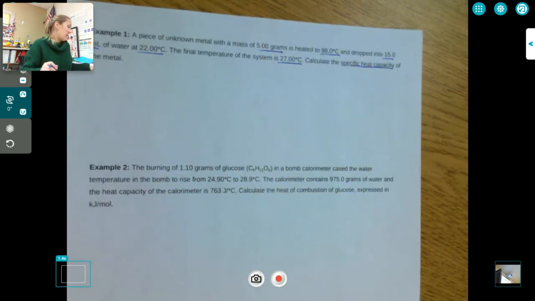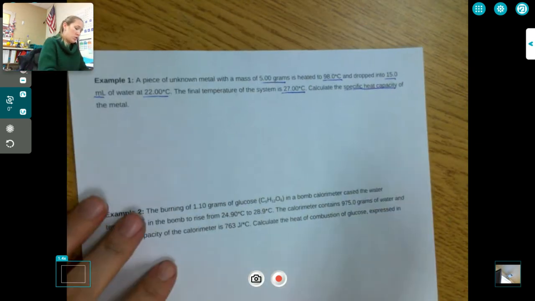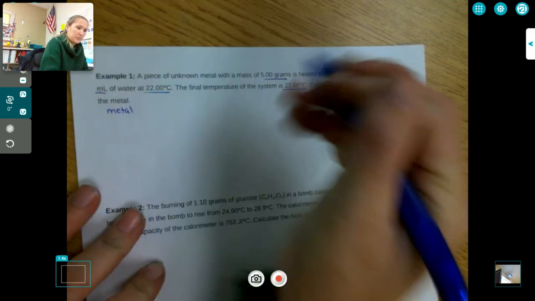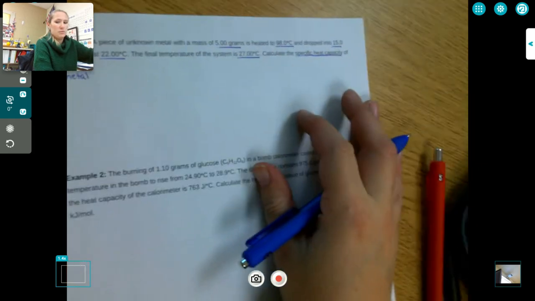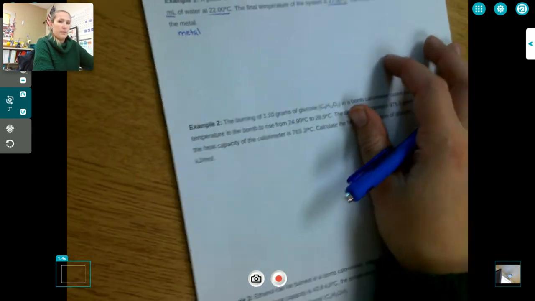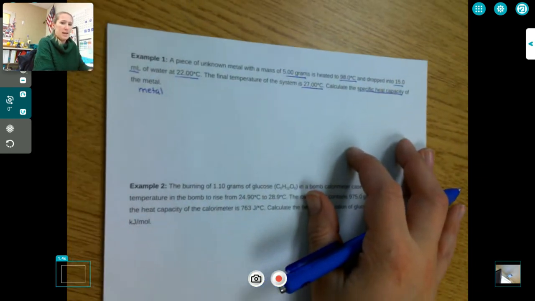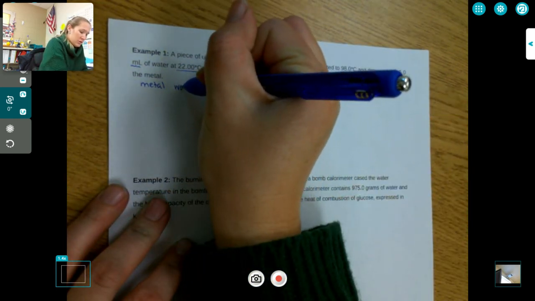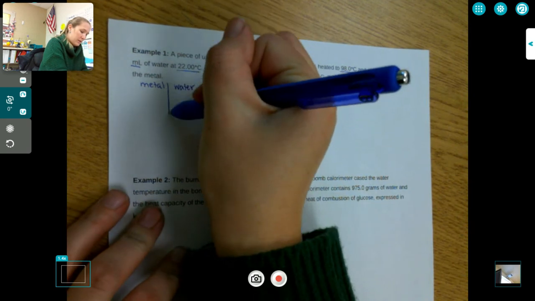So something to help us with these is to set up a short little chart where we have information about our metal, and we have information about the water.